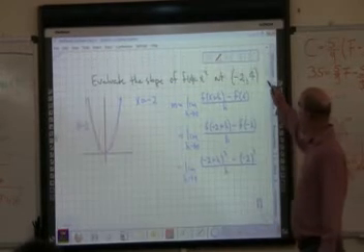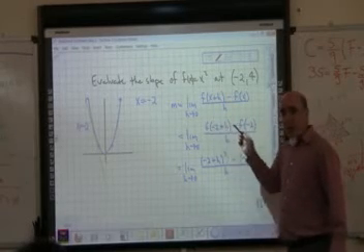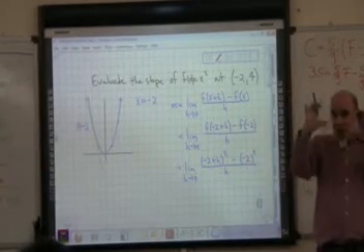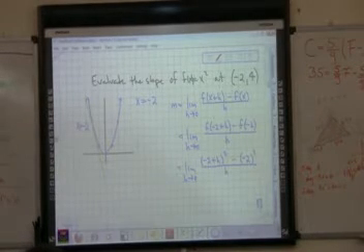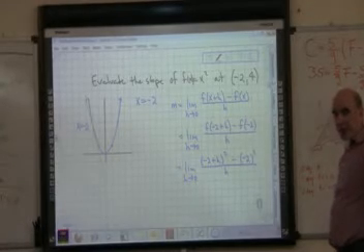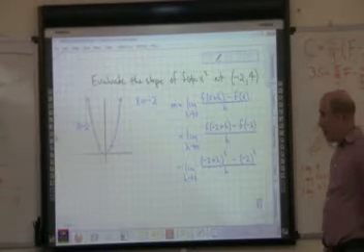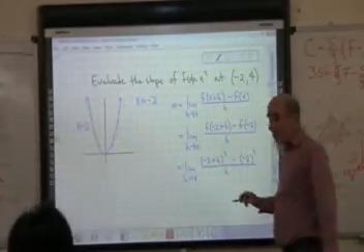Right, my function is x squared. f of x equals x squared. So when I want to know what is f of -2 plus h, that goes into the squared part. You with me there?